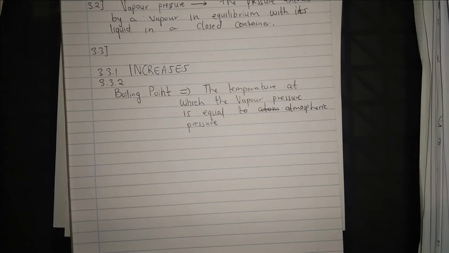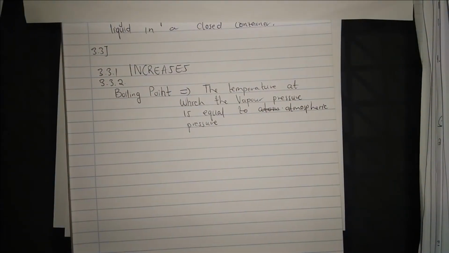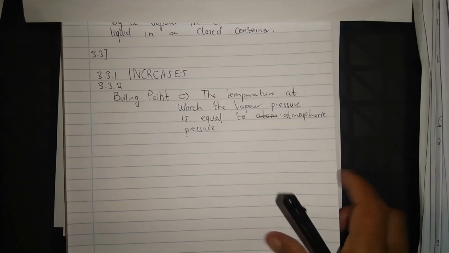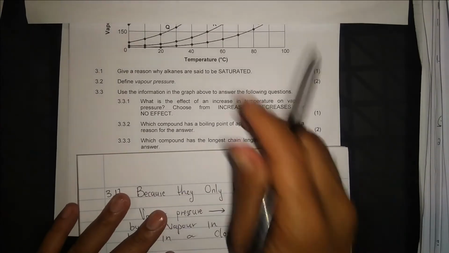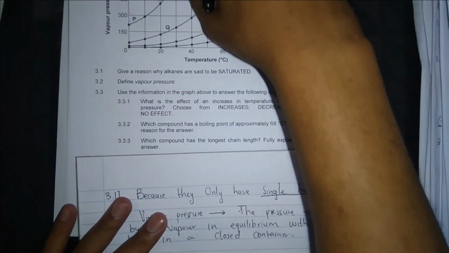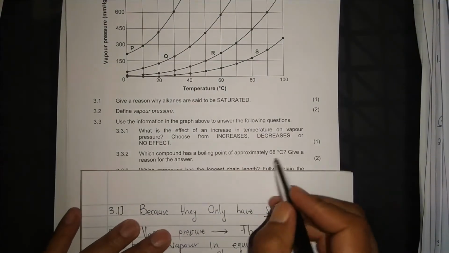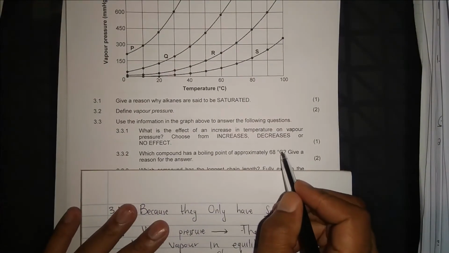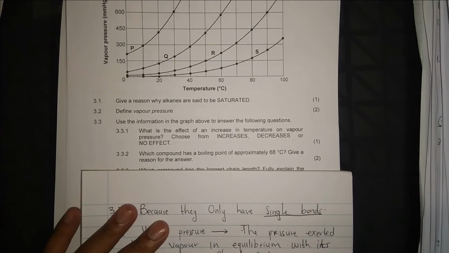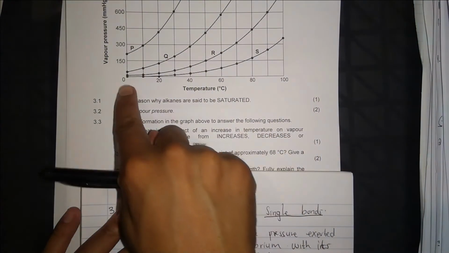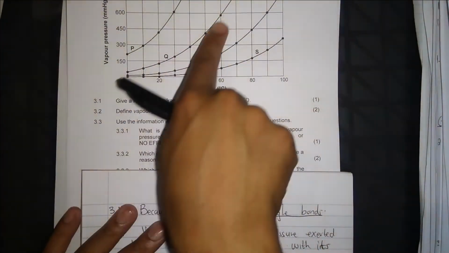Okay, again, question 18. Which compound? Let's do it. Now we want a compound that reaches its boiling point at 68 degrees Celsius. Let's look, this is vapor pressure. As I go up the y-axis, the vapor pressure increases.